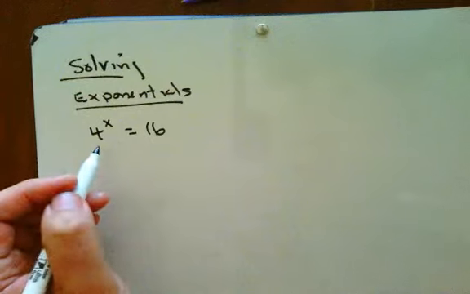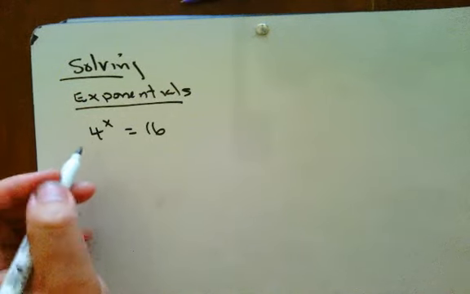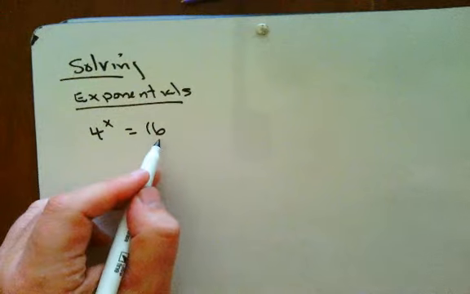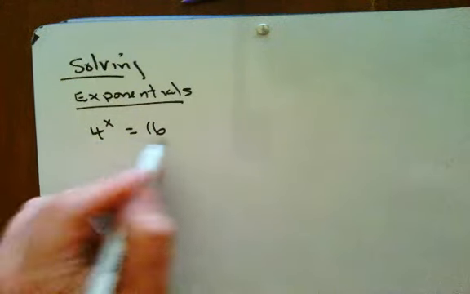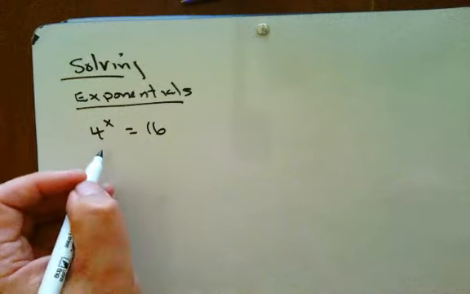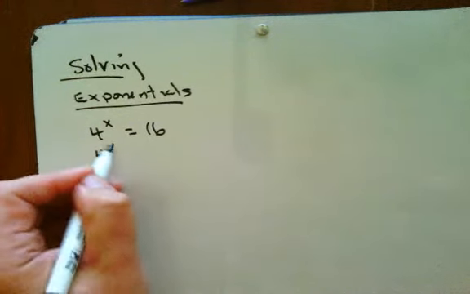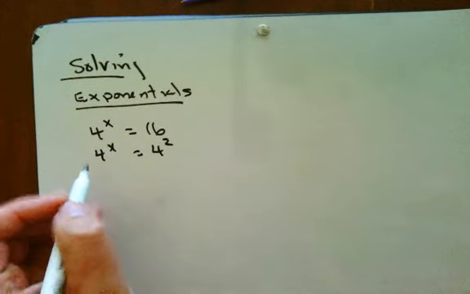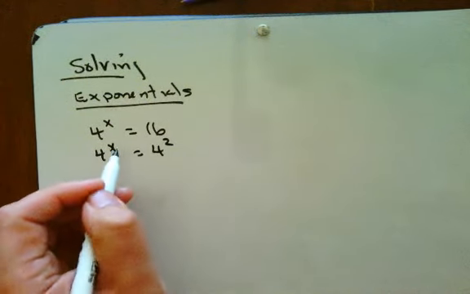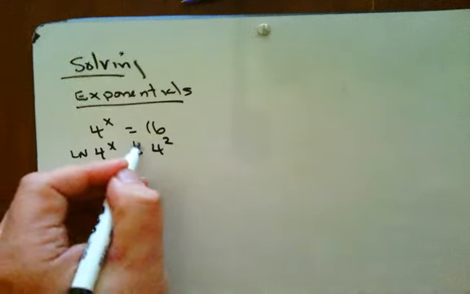Well, we've seen this one a bunch now, and we know that what we need to do is rewrite so that we have the same base on each side. I can rewrite this as 4 to the second. Or we could rewrite both sides with a base of 2. In this problem, 4 to the second is probably fine. 4 to the x equals 4 to the second. And then we can use our one-to-one property and say x equals 2.